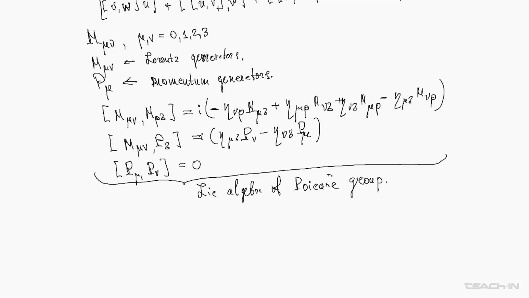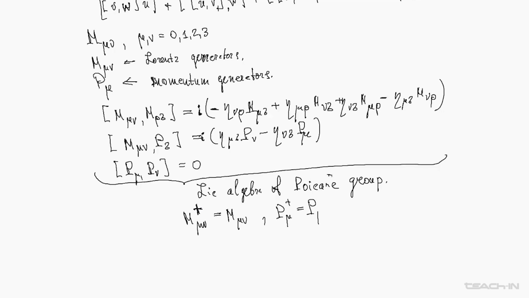Hermitian operators means that M mu nu and P mu are represented as operators satisfying this condition: M mu nu dagger, where dagger is the operation of Hermitian conjugation, equals M mu nu, and P mu dagger is equal to P mu.